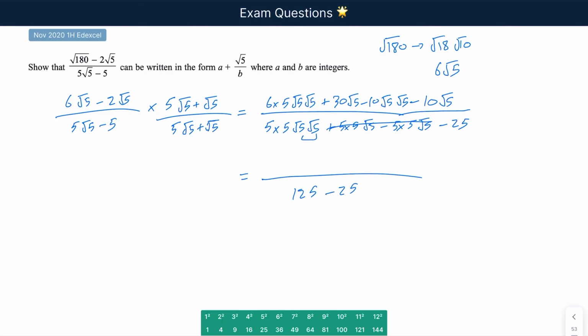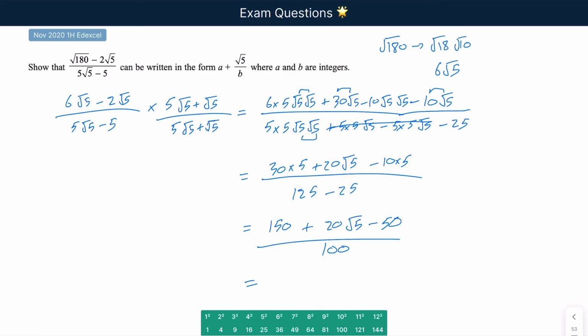And again, I can tidy that up a bit more, but I'll do it on the next step. And then at the top we have 30 times 5, because that tidies up. And then we have this, and this can be simplified down into plus 20 root 5, and then minus 10 times 5. And then that can be written as 150 plus 20 root 5 minus 50 all over 100.